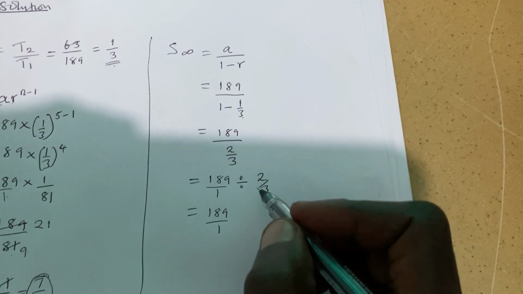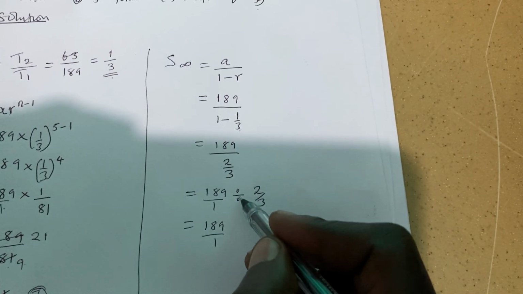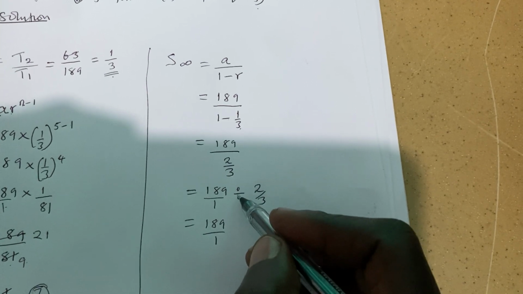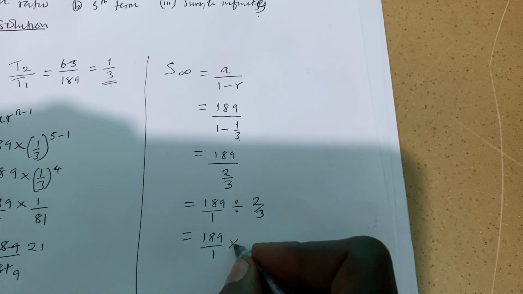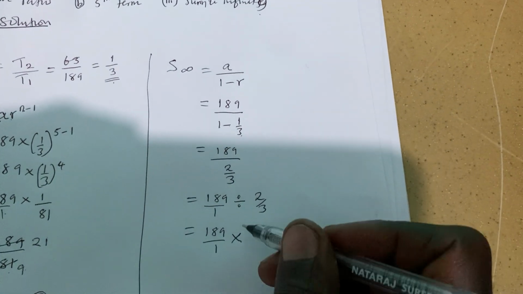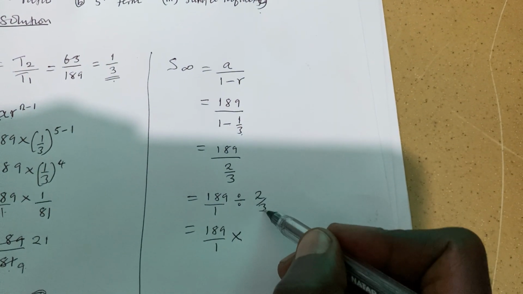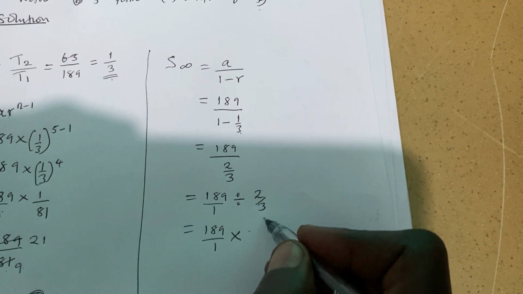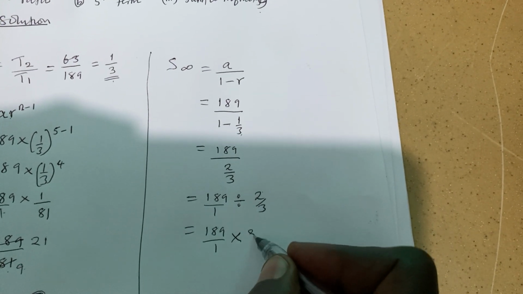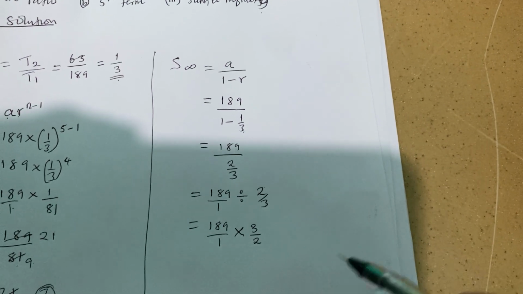Then let's find the inverse. When we find the inverse, the division sign changes to multiplication. So we have times like that. Once you have times, the denominator becomes the numerator, and the numerator becomes the denominator. So we're going to have 3 over 2.